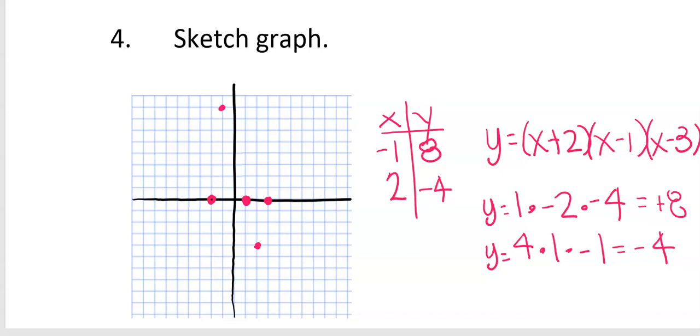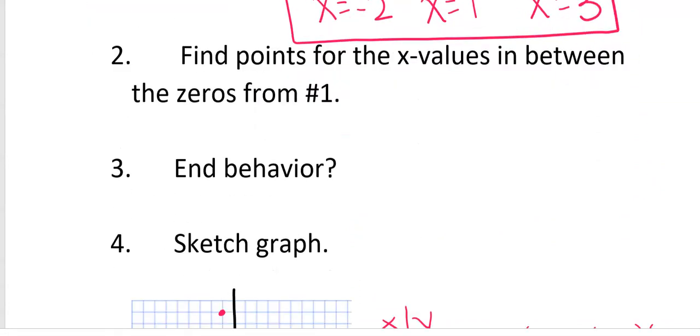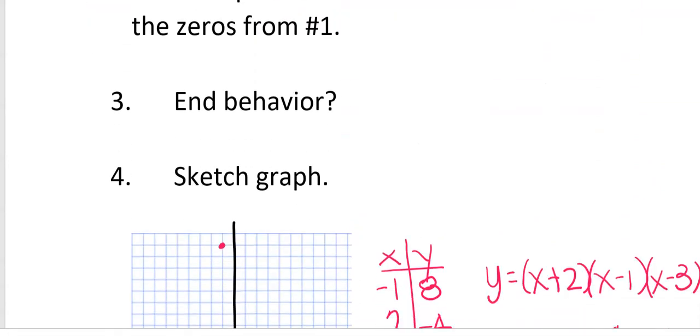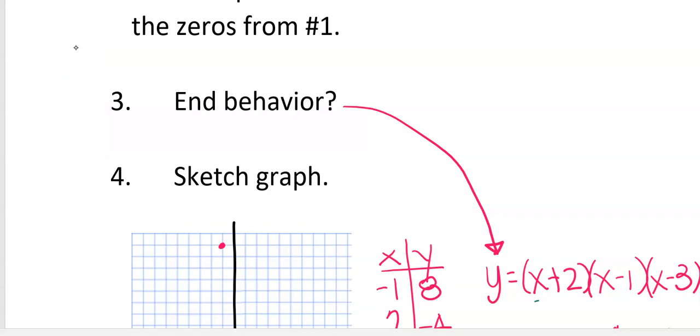Now we need to talk about the end behavior. With this one, we are given the factored form, which is down here. And it doesn't give us that highest exponent. But if you think about the x's, just the x's alone, if you multiply this x times this x times this one, wouldn't you come up with x cubed?